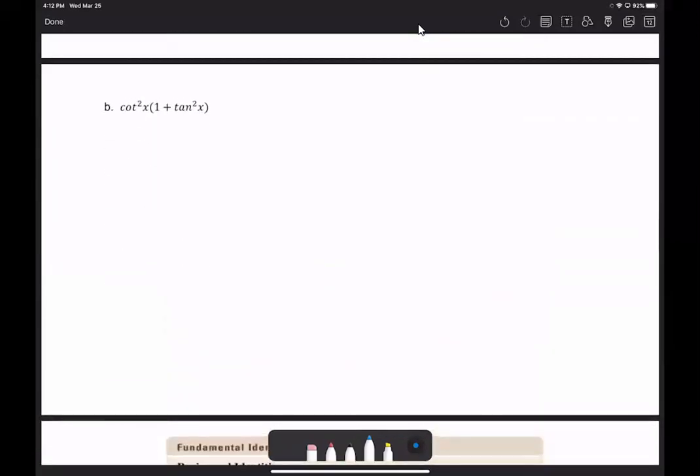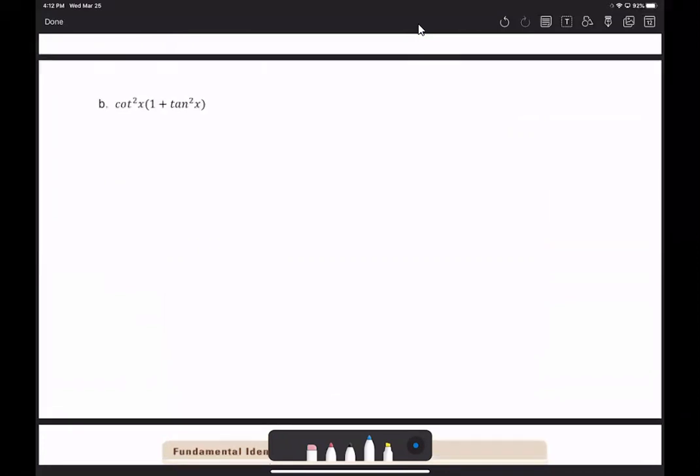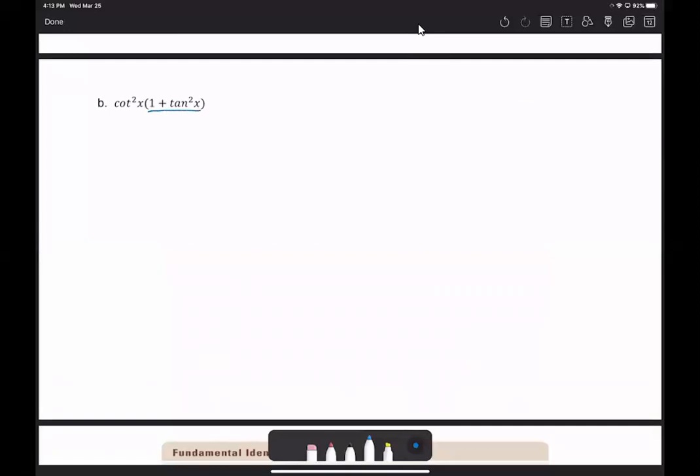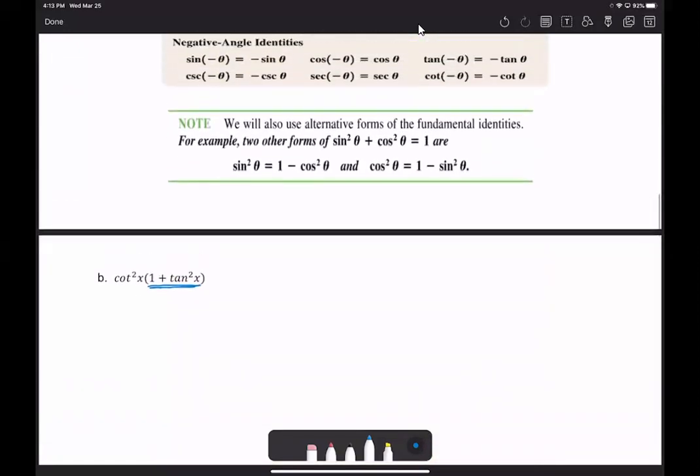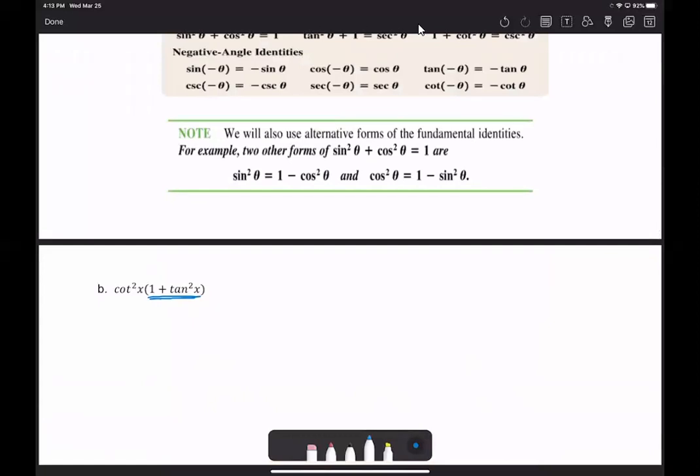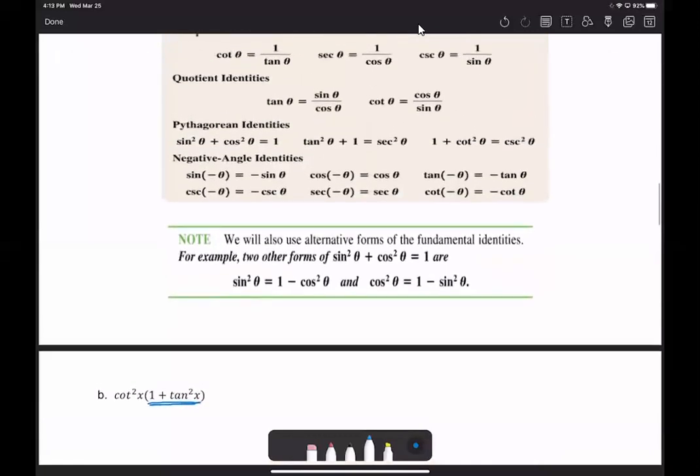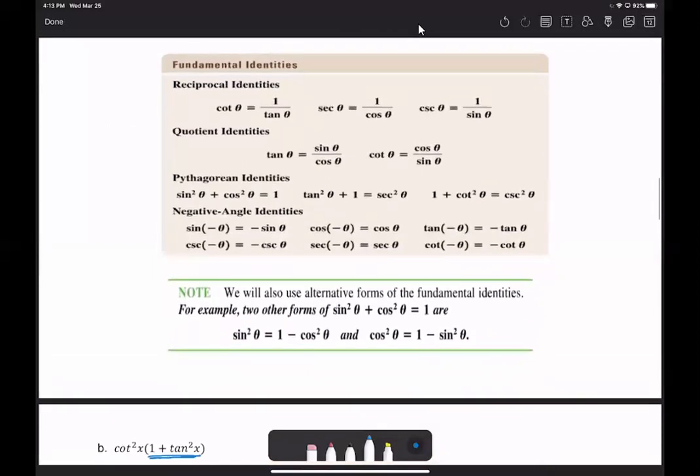Here, what we're going to think about is, before you distribute or change anything, let's see if this binomial here, 1 plus tan squared of x, has another value. Whenever I see 1 and a trig function that's squared, I always think possibly these Pythagorean identities.